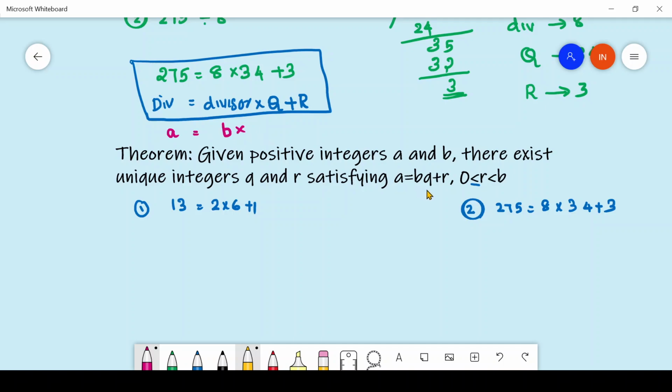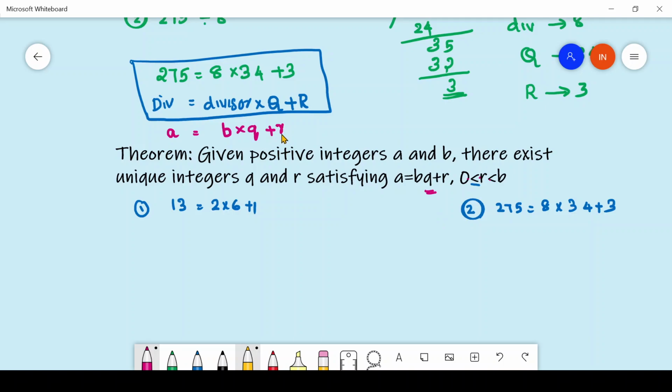a is the dividend and b is the divisor. The divisor is multiplied with q, q is the quotient, plus r is the remainder. I hope it is clear for you now. So 0 is less than or equal to r. Here you can see that r should be greater than or equal to 0, and b should be greater than 0.